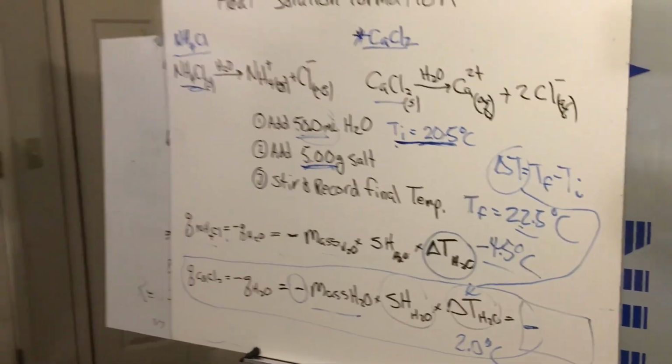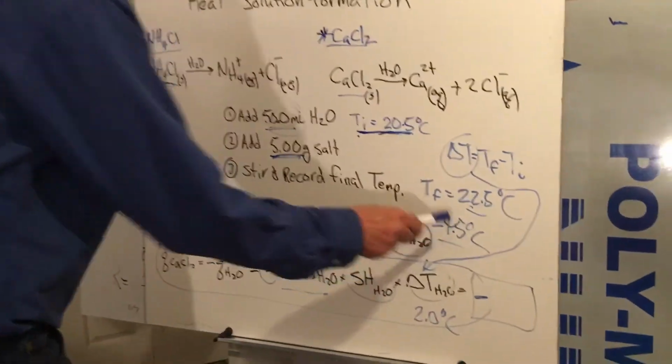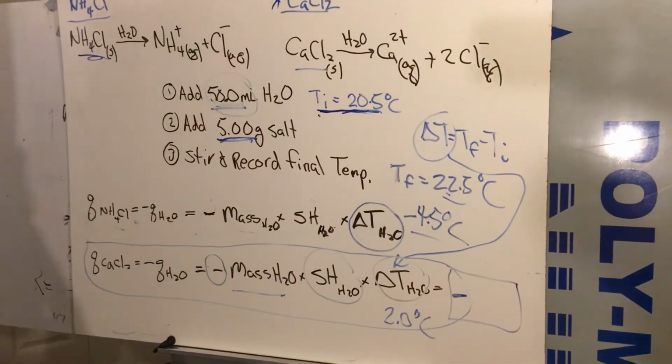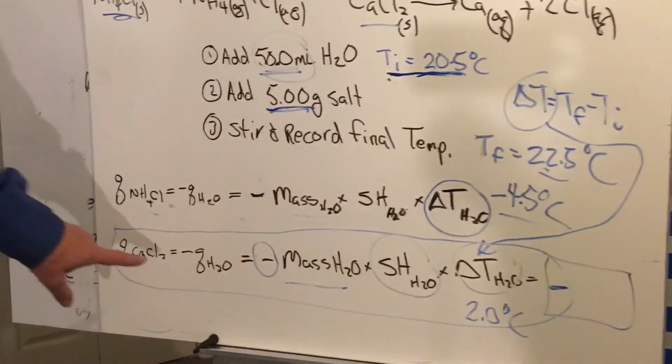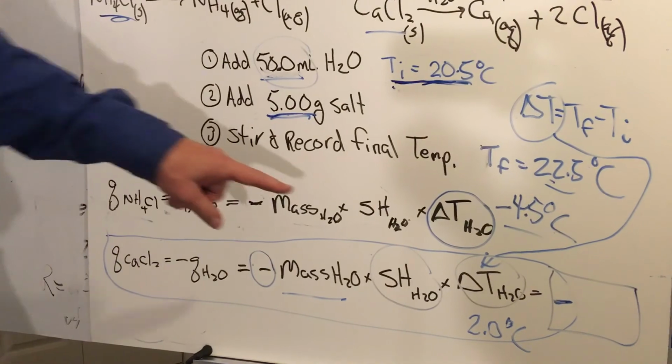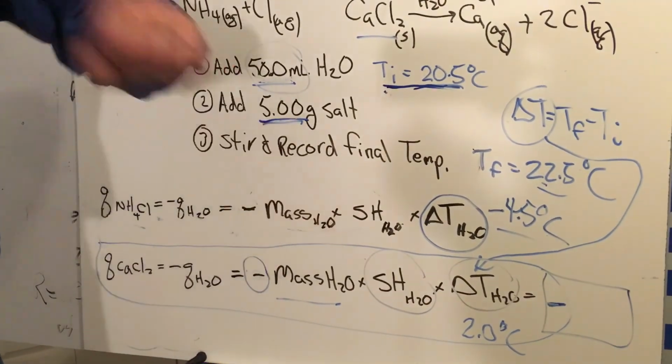And you're going to see when you plug in that negative temperature times this negative here, you're going to get a positive heat. Not a negative heat like we got with the calcium chloride, but a positive heat, indicating that this is an endothermic process. And that's the story.